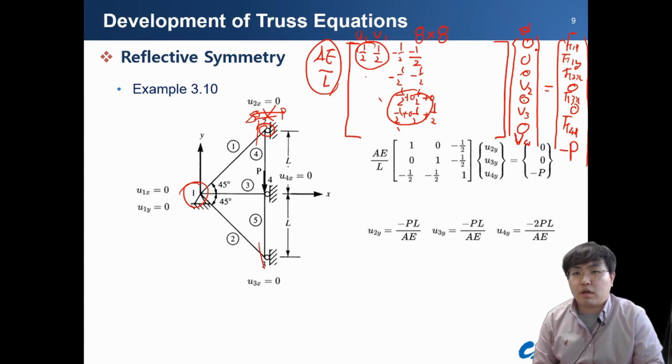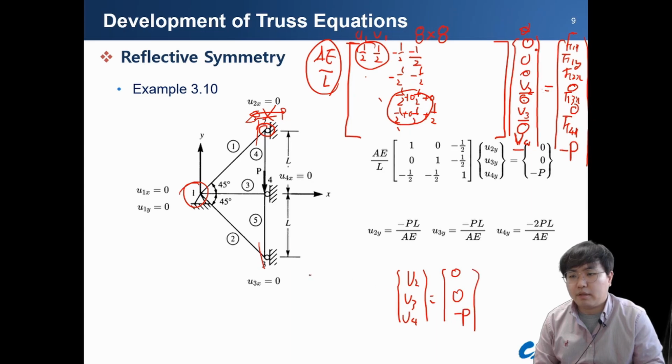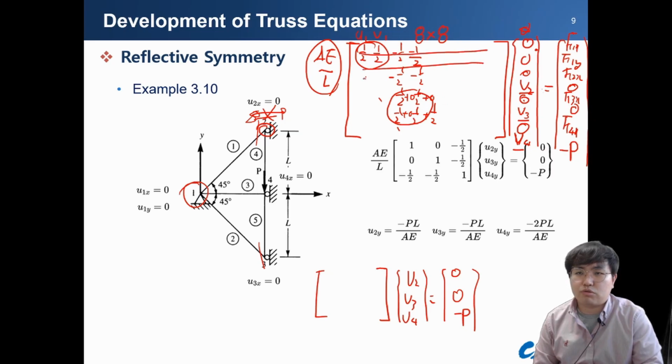So then we have 3 unknown variables in here. That means v2, v3, v4, and their external forces are equal to 0, 0, and minus p. And then in the 8 by 8 global stiffness matrices, we can reduce the whole vectors, and we obtain these 3 columns in here.